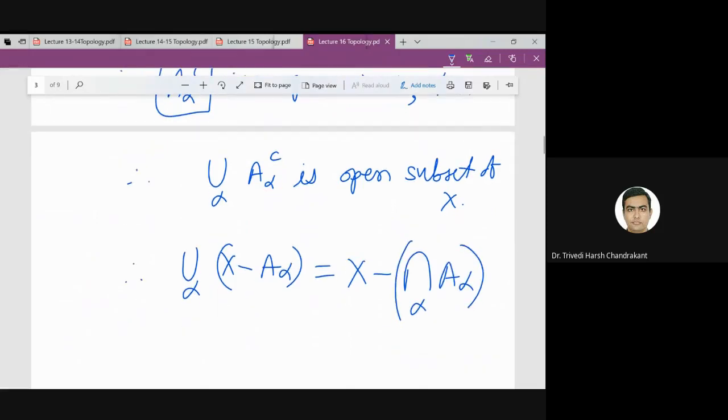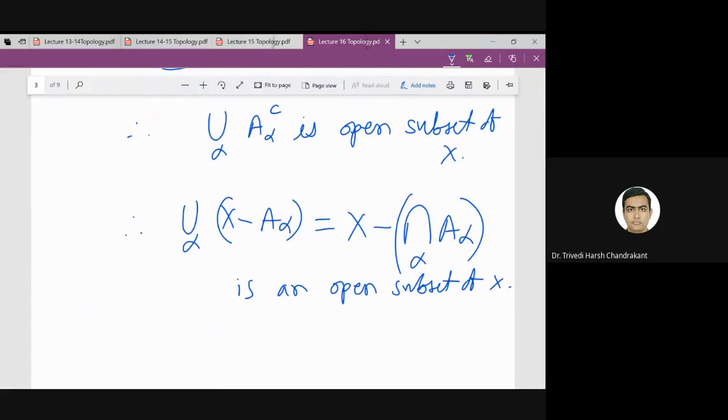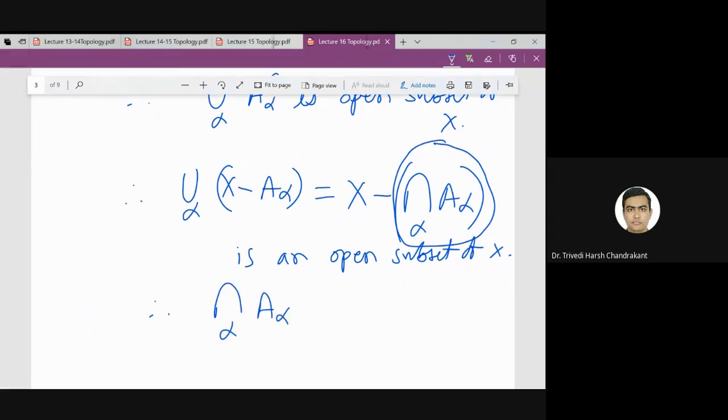So this is an open set. What this says is the complement of this set is open, therefore the intersection of A_alpha is closed.